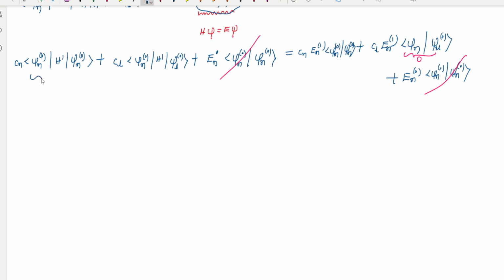This notation we can write: Cn, this is the perturbed Hamiltonian n by n. Okay, this one we can write as h n n plus this notation, this is h n. Don't change these places, n l.